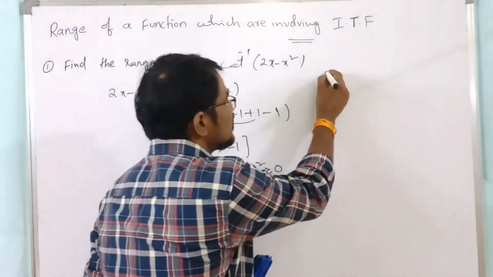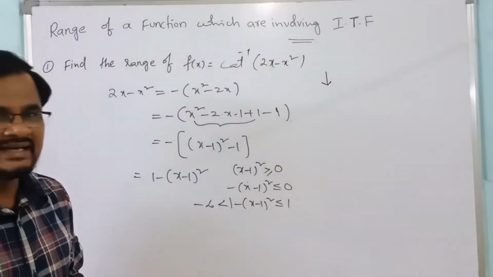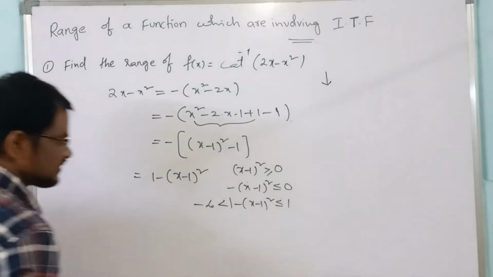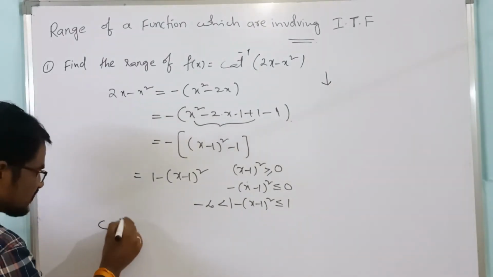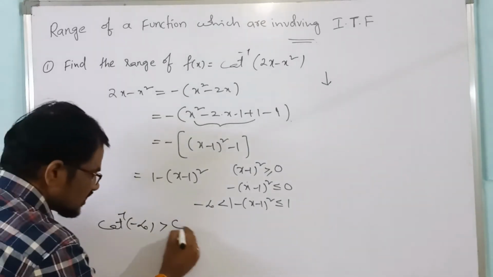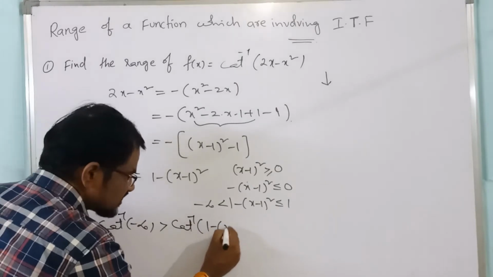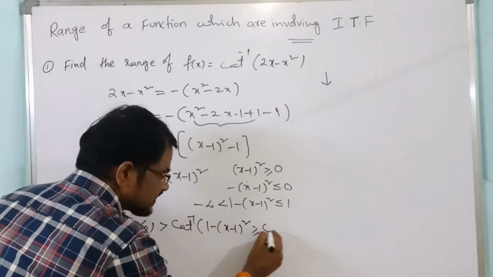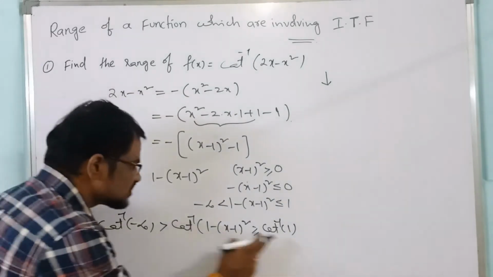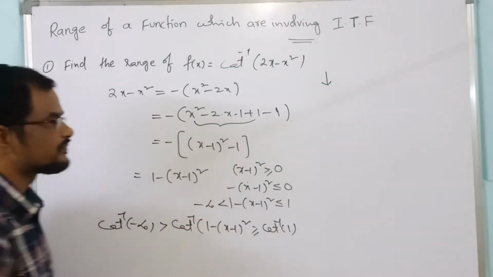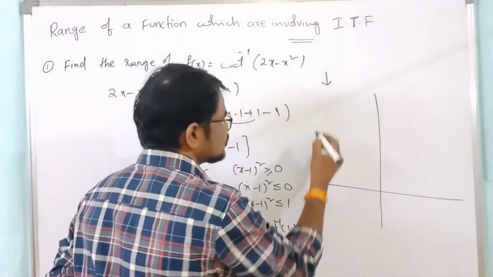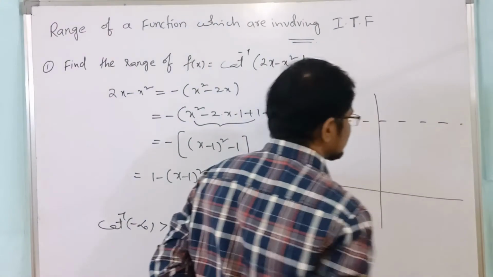So here also the cot inverse x function is decreasing. If you apply cot inverse, cot inverse of minus infinity becomes greater than cot inverse of 1 minus x minus 1 whole square, which is greater than or equal to cot inverse of 1. To get clarity on these values, better take the graph.